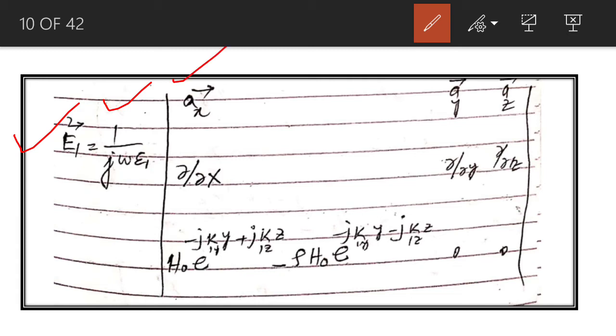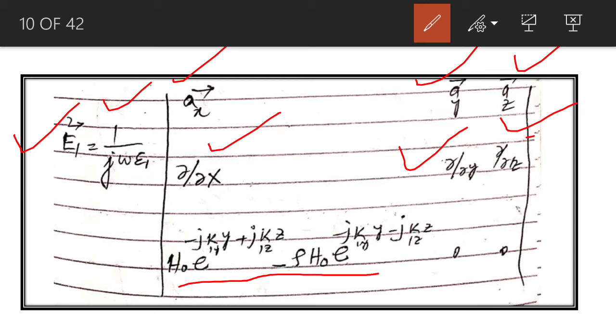So we have the unit vector Ax, the unit vector Ay, the unit vector Az. In the second row of this determinant, we have del by del x, del by del y, and del by del z. Over here, we have the x component of the magnetic field intensity, that is, the x component of H1, the y component of H1, and the z component of H1.